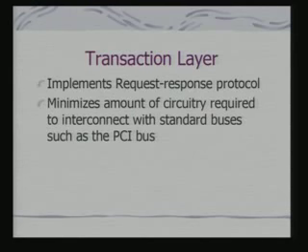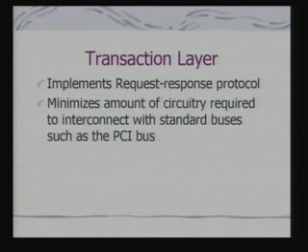So the transaction layer implements what is called a request response protocol. That means on the basis of the request, how the devices will send the data, and that request response protocol is the job of the transaction layer.